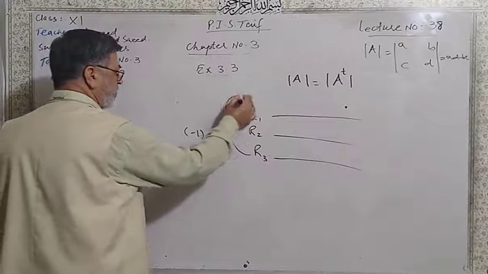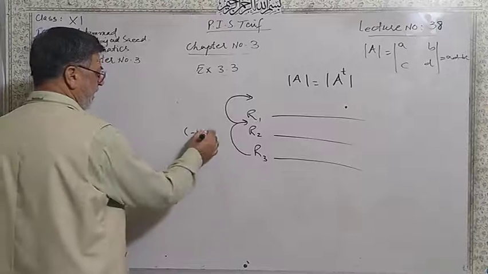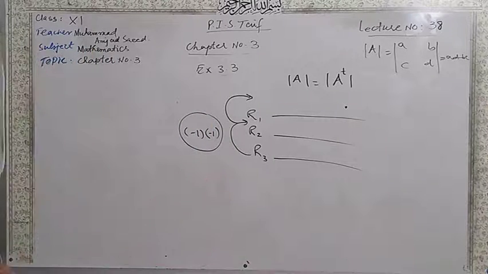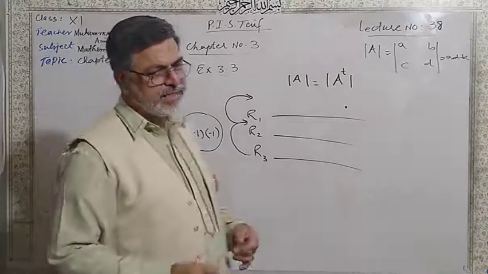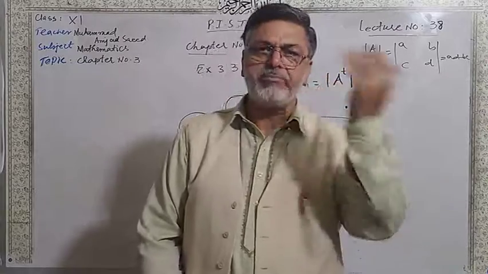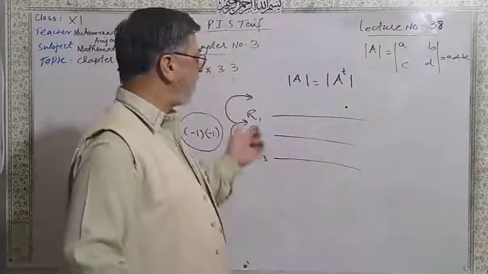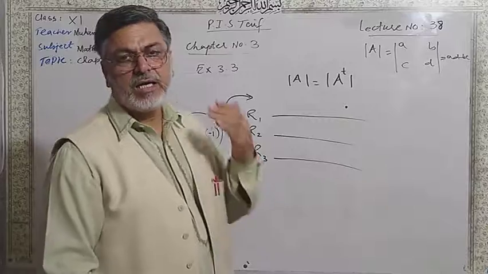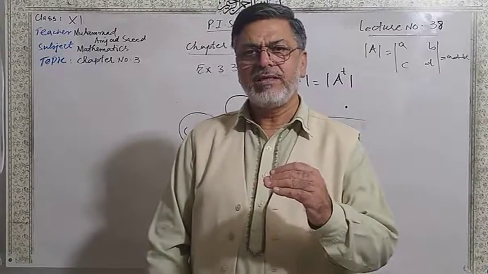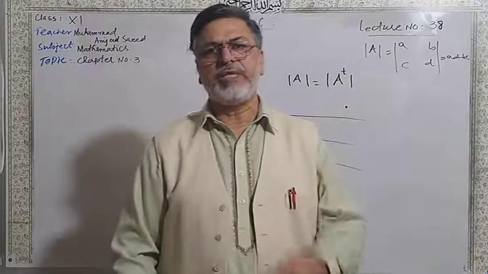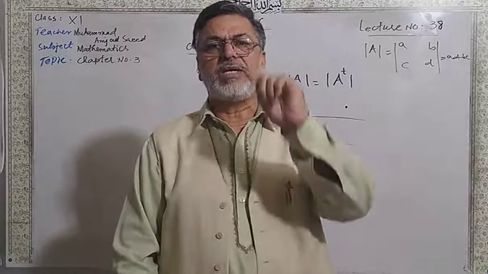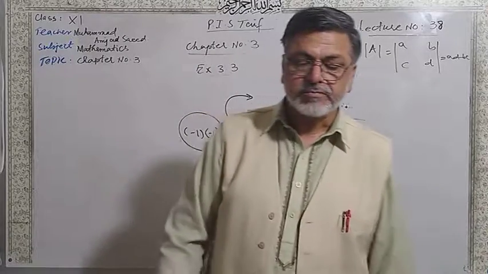And if it jumps above R1, then another -1 will be written outside the matrix. So in case of a matrix, if any row or column is jumping over, we can write a negative sign outside the matrix. And depending on how many rows or columns are jumped over, we will write (-1) power 2, (-1) power 3, like that.